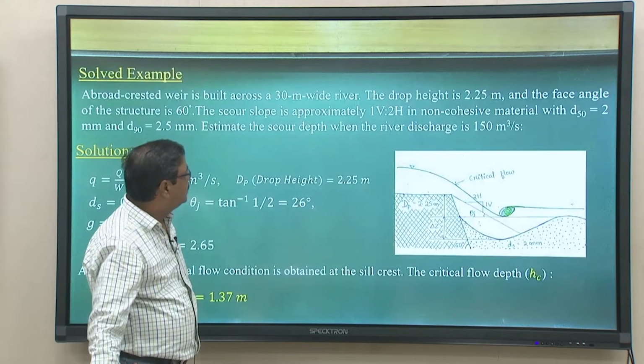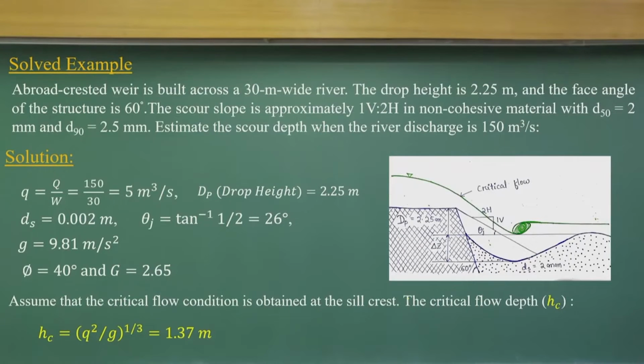Let us see, you have a broad crested weir which is built across a 30-meter wide river. It has a drop height of 2.25, and the face angle of the structure is 60 degrees, that is what is given here, and the scour hole approximately 1:2, in very non-cohesive materials.